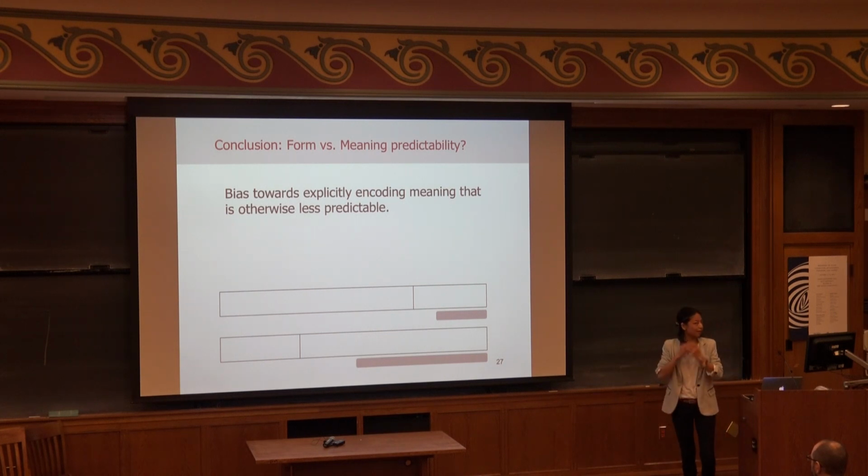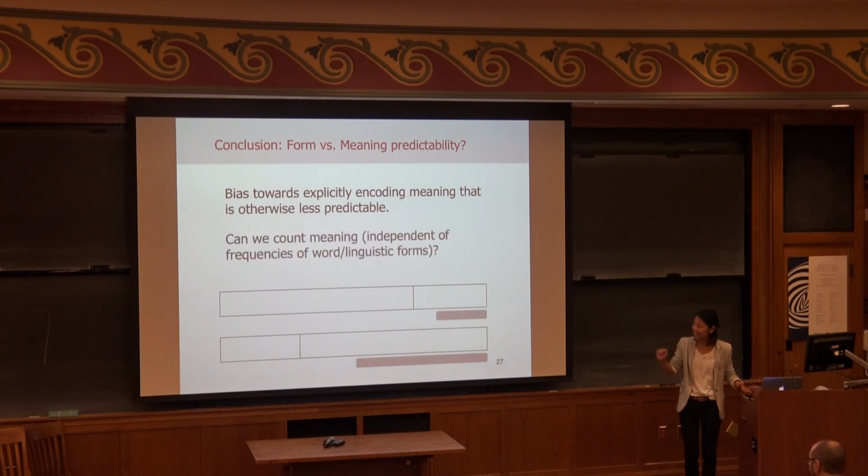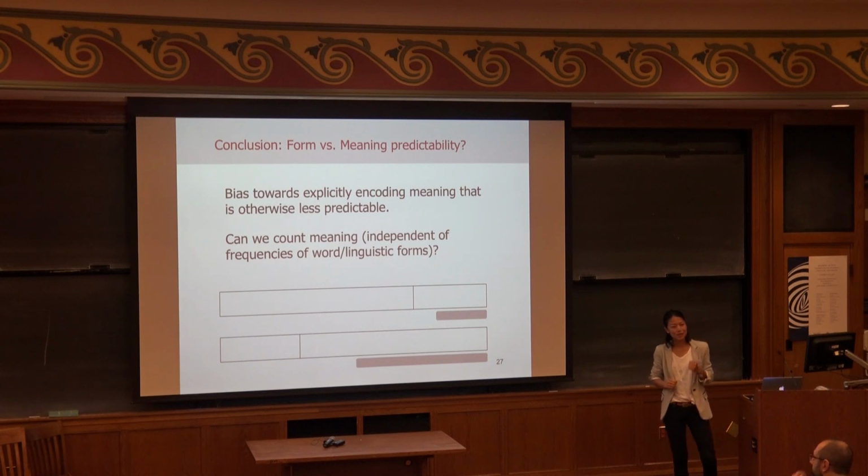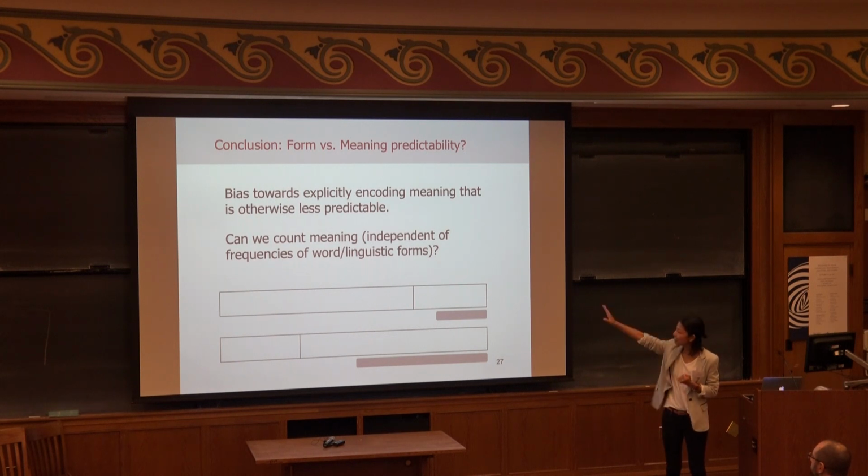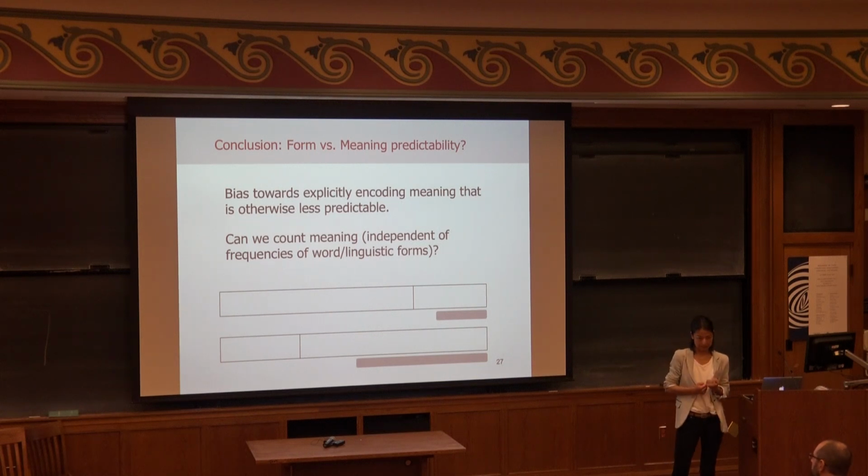A big question that I hope to have highlighted in this talk is this: can we actually count meaning? Can we somehow estimate the probability or predictability of meaning independent of frequencies and predictability of the forms that are used to convey these meanings?